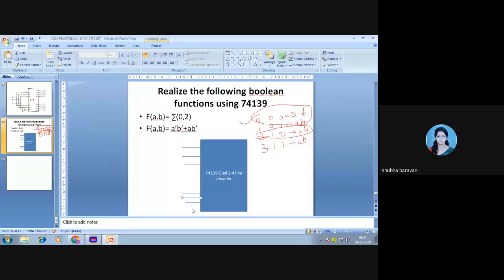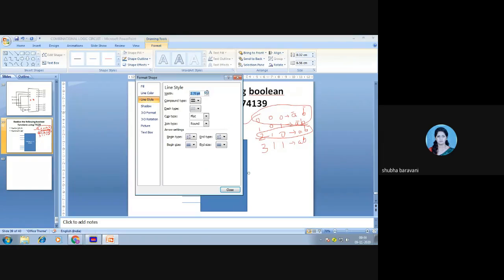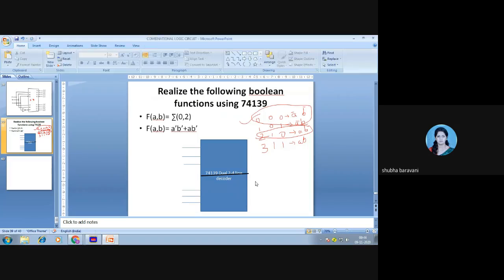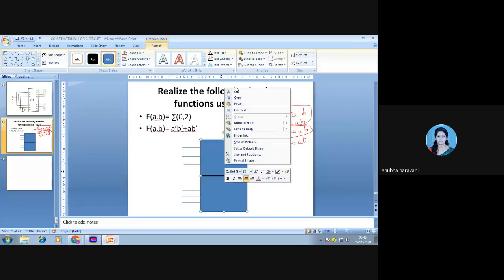Dual 2 to 4 line decoder, how many input lines it should have? What's meant by dual? Ma'am, 2. It means I'll divide it here only. What I mean to say is there are two 2 to 4 decoders.